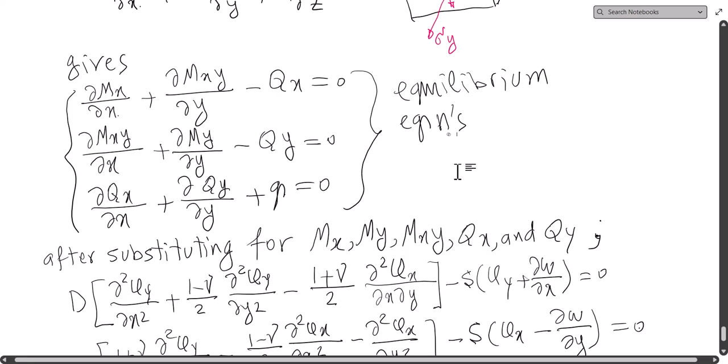So it's a kind of stress in the negative z direction. So it will show up here. So that is your Q.